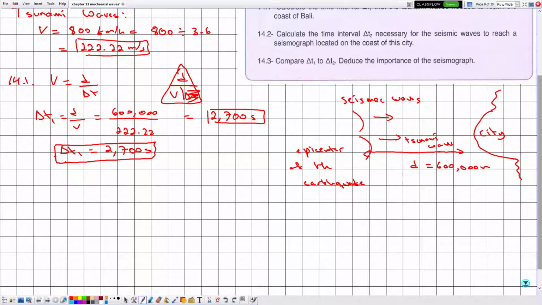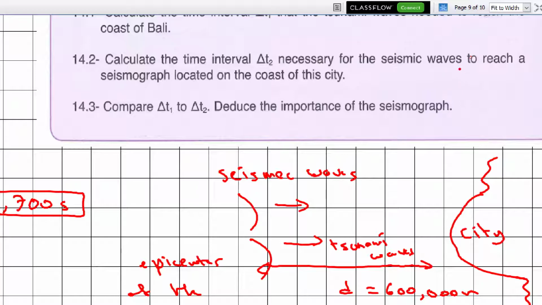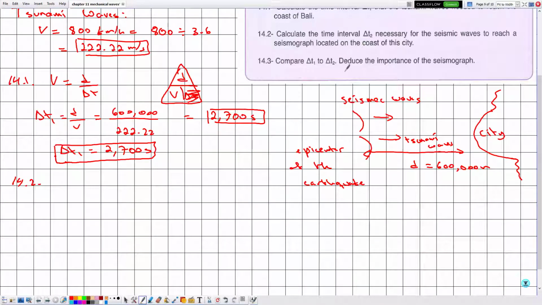Now in 14.2 they are asking us to calculate the time interval delta t2 necessary for the seismic waves to reach a seismograph located on the coast of the city. So in other words, the time required for the seismic waves to reach the coast of the city.